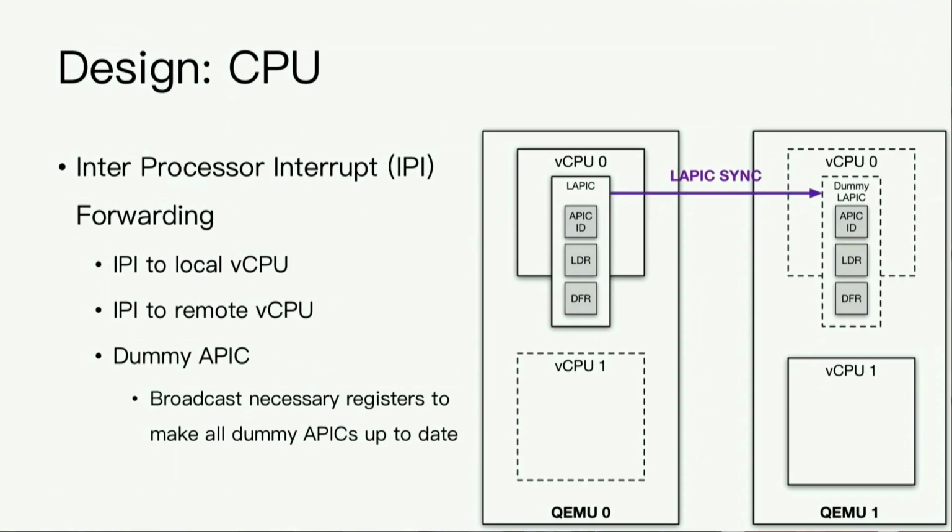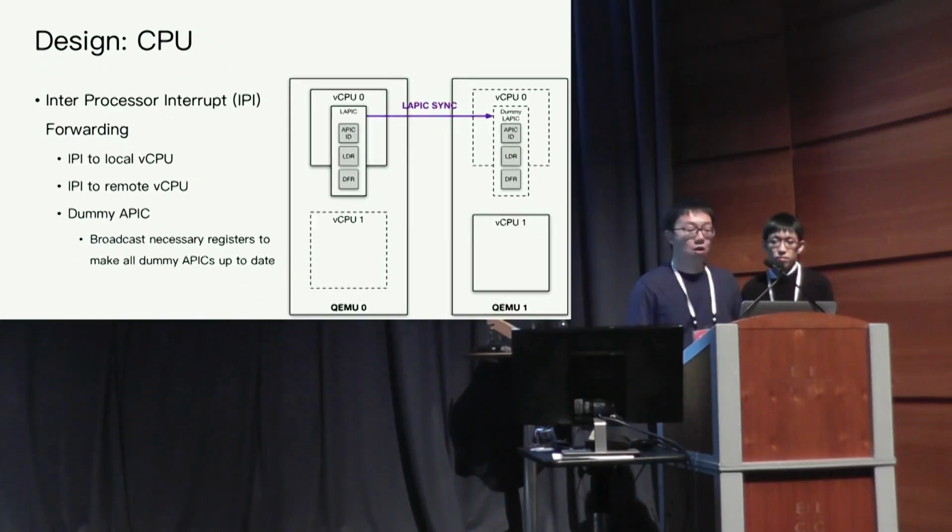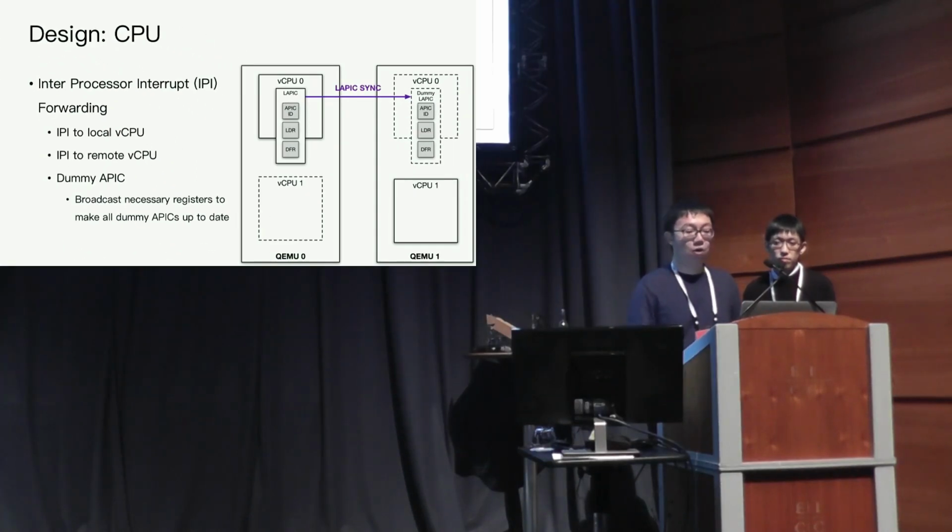However, there is a detail of the APIC that makes things more complicated. On the x86 platform, all IPIs are implemented as broadcast messages under the hood. After receiving an IPI message, the CPU uses 3 special registers of the APIC to determine whether it is the destination of this IPI.